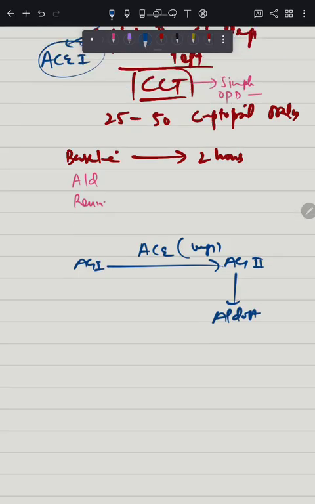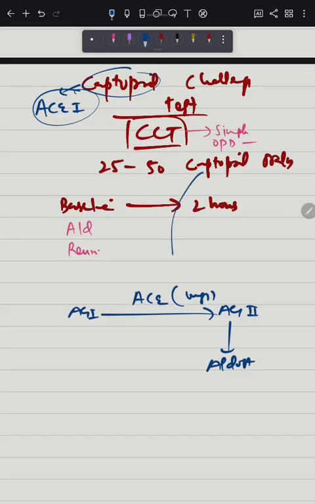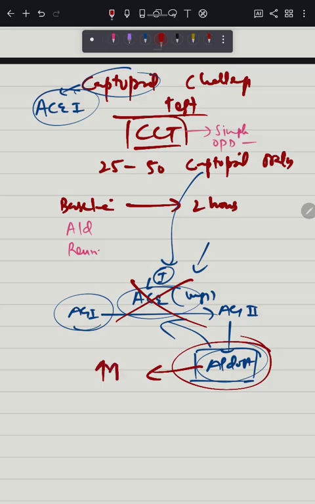When you give captopril 25 to 50 mg, since captopril is an inhibitor of this enzyme, obviously aldosterone will normally fall. But in primary aldosteronism, there is inappropriately high aldosterone concentration, irrespective of the downstream pathway, that is the angiotensin or ACE pathway. So even if this pathway gets inhibited, in primary aldosteronism the aldosterone level will still be on the higher side. That is the basis of the test.